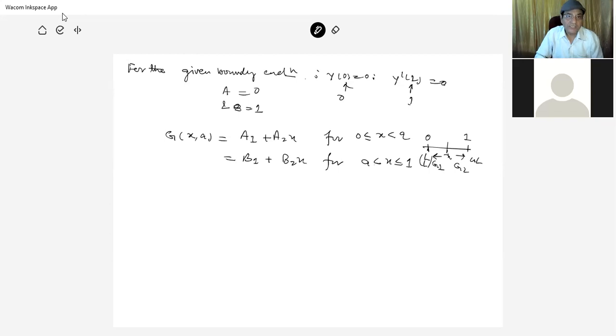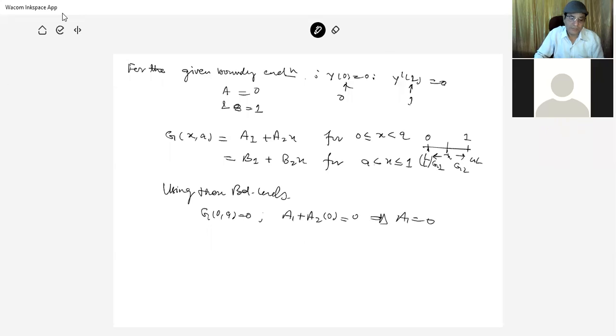So now the next step is using these boundary conditions. We find G(0, a) is equal to 0, that is a1 plus a2 times 0 is equal to 0, which indicates a1 is equal to 0. Now y dash 1 is equal to 0, that is G dash(1) is equal to 0 plus b2.